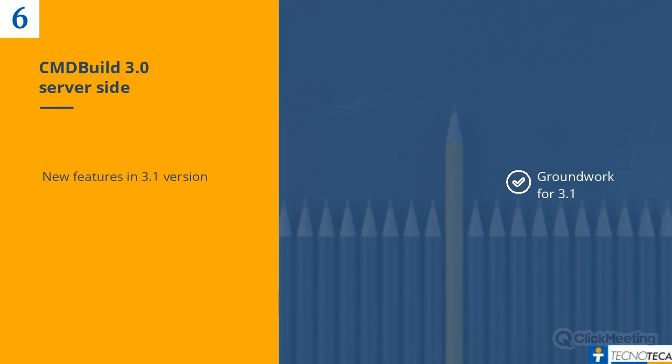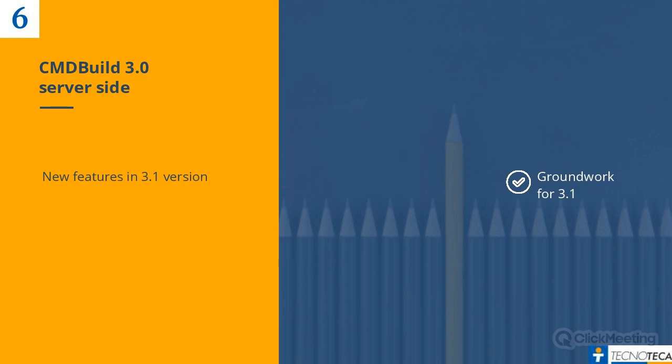Of course, we're about to release the 3.0 version, which will come out at the end of March 2019, but we're already working on the next version, CMDBuild 3.1. It will include some features that will not be available in the version coming out now.